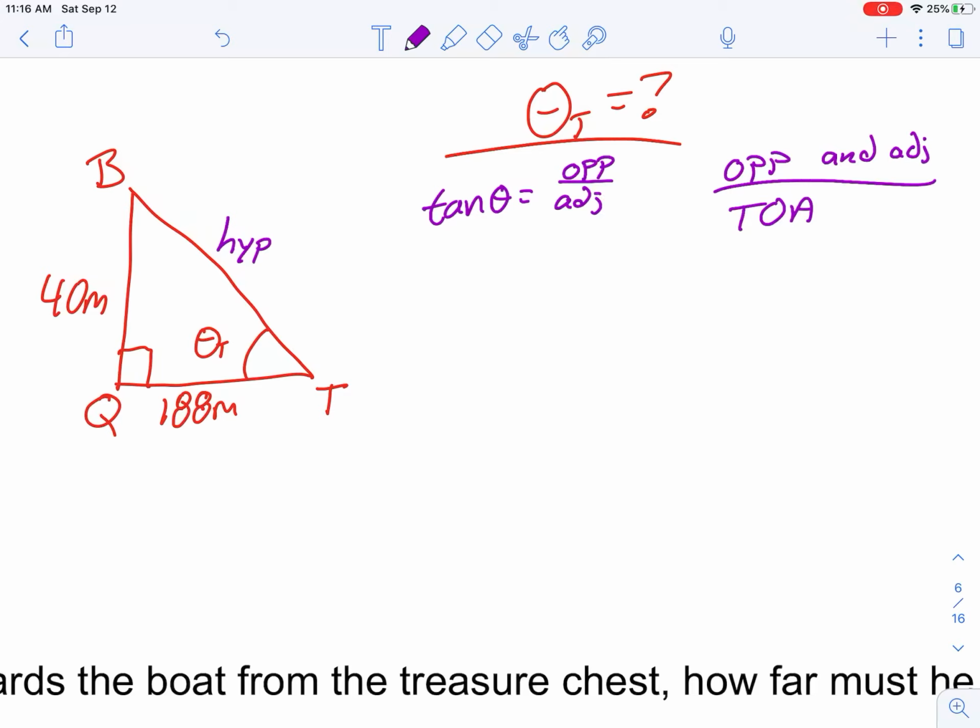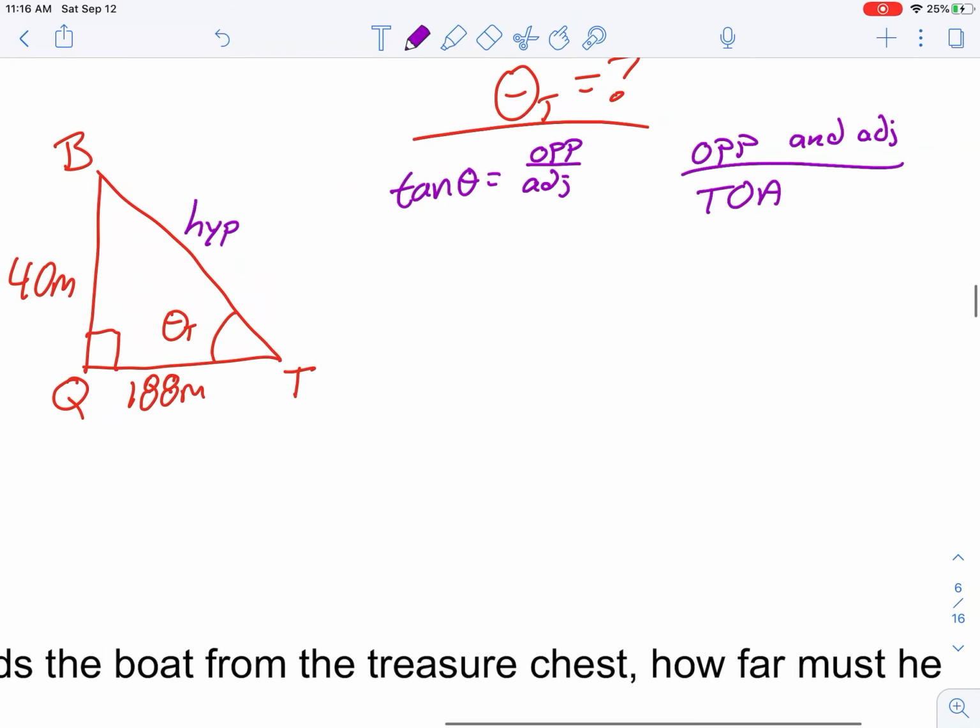Okay, and right now you might be like, obviously, but again, we are going to be introduced to sine and cos. Now here we can plug it in terms of angle T. So for angle T, what's the opposite side length? Well, that would be across from it, so 40 meters, or BQ. So I'm going to represent it as BQ.